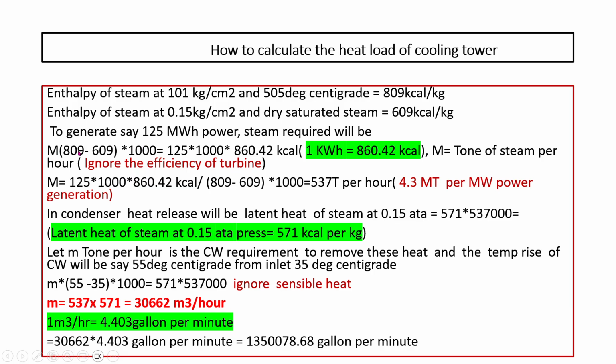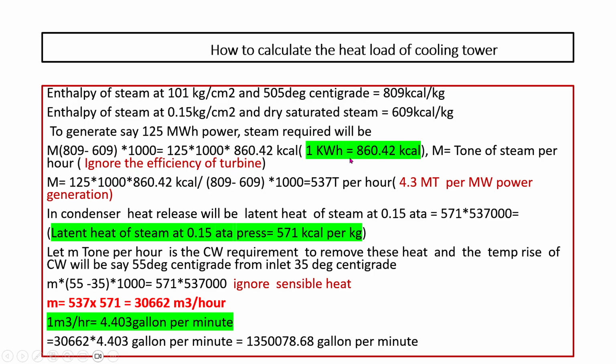So M into 809 minus 609, that is the heat released per kg by the steam expanding in the turbine. You have to convert tons to kilograms, so multiply by 1000. That is equal to 125 megawatt, multiplied by 1000 to get kilowatts, and 1 kilowatt hour is equal to 860 kilocalories. So multiply this, and this is the total heat. So you have to find that.